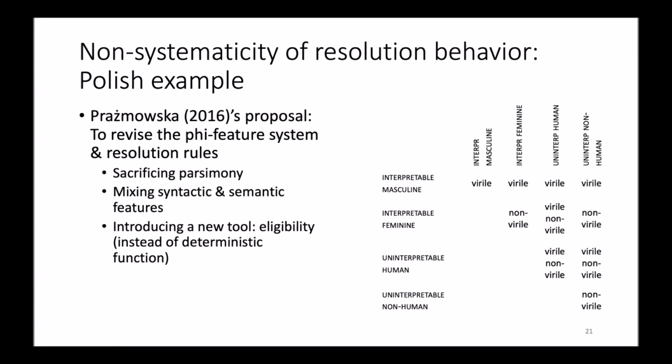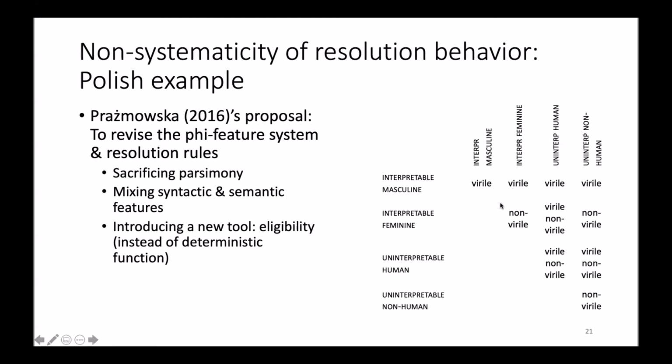And what you see is that while in some cells we have a single option for agreement, sometimes you have more than just virile or more than just non-virile. Sometimes you have two options. So this new proposal also introduces a notion of eligibility instead of the deterministic function that we are maybe more used to from the traditional rules of resolution.